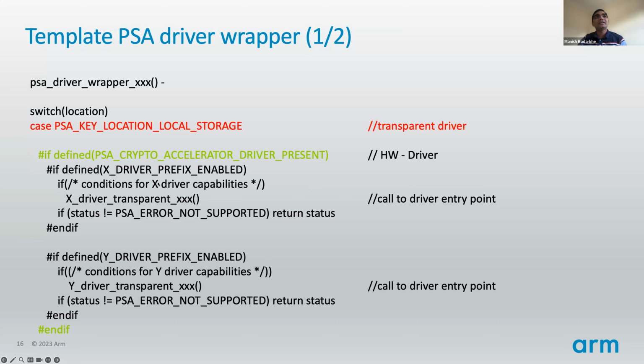If, say, hash calculation is possible using this one with the specific algorithm, then they will go for this. But if it is not possible, then they will fall through to the other hardware driver. And again, if it is not possible by that driver either, then they can go for the software implemented driver and get the things done.